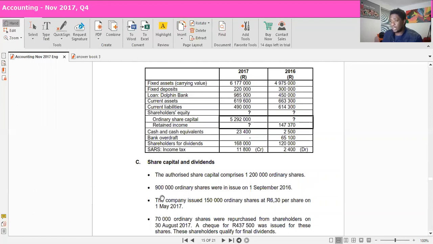But let's move on and calculate the things that are obvious to us right now. They say the company had issued 150,000 shares at R6.30 per share on 1 May 2017.